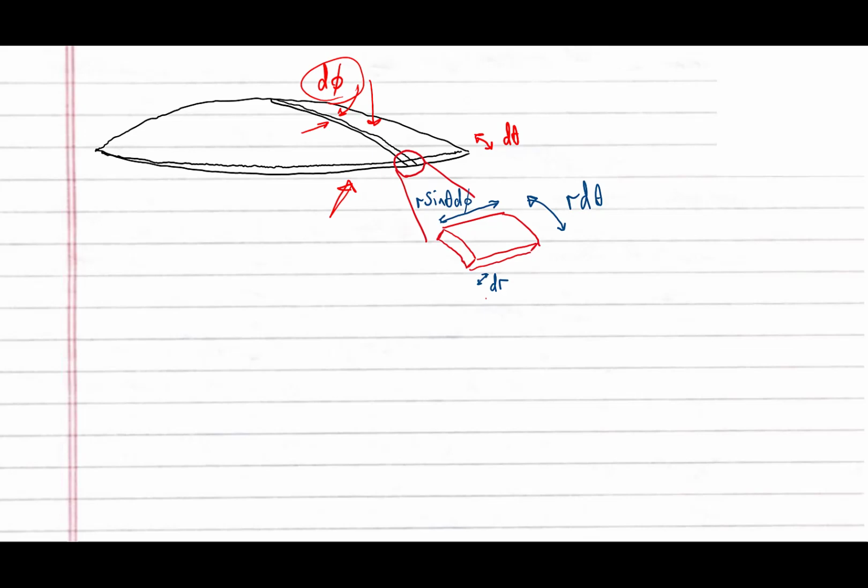So let's write those down. So dv really is equal to r sine theta d phi, multiplied by r d theta, multiplied by dr. Let's collect those terms together, and we're going to end up with r squared sine theta, and that's dr d theta d phi.